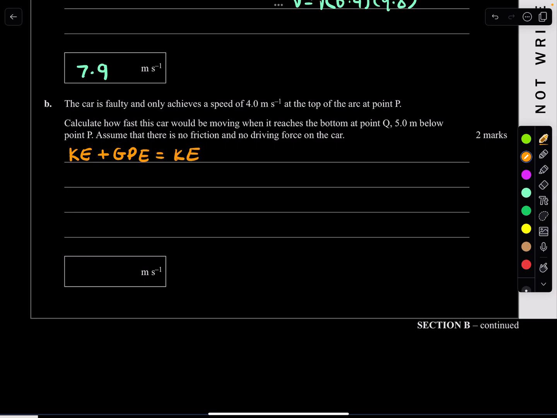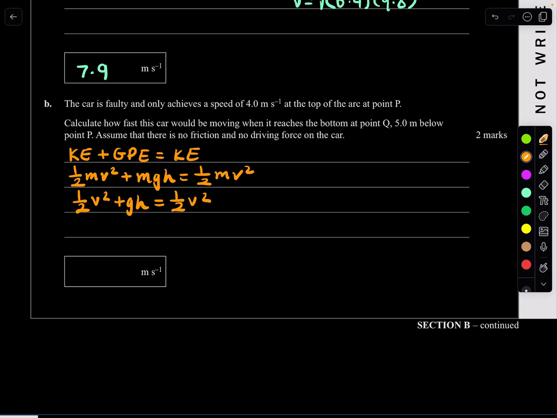And so kinetic energy is half mv squared plus GPE, which is mgh, and kinetic energy was just half mv squared. We can actually get rid of the m, because they all have m, so we're just going to write it as half v squared plus gh is equal to half v squared.